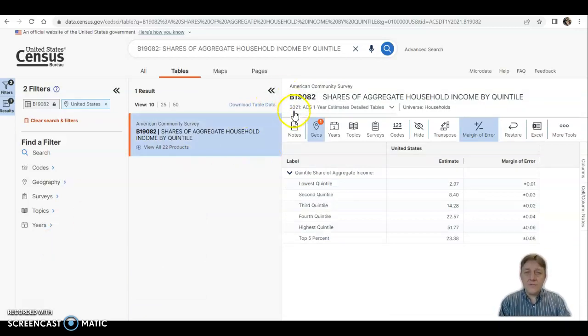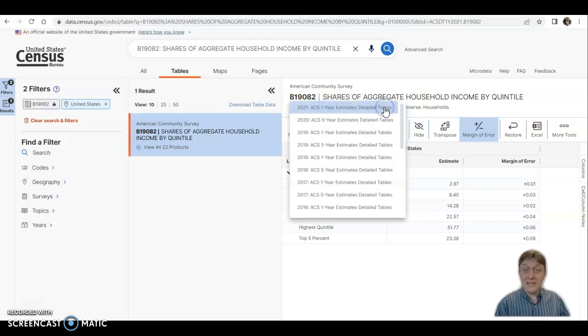Now notice there for 2021, here in the fall of 2022, we do have 1 year estimates. However, since we want to be able to look at really small towns in the United States, we're going to gather 5 years together. And as you can see from the American Community Survey carried out by the US Census Bureau, the 5-year estimates all gathered together only go up to 2020 at this point in time.